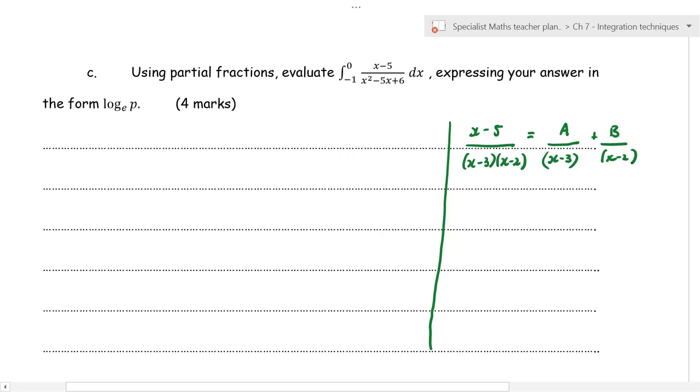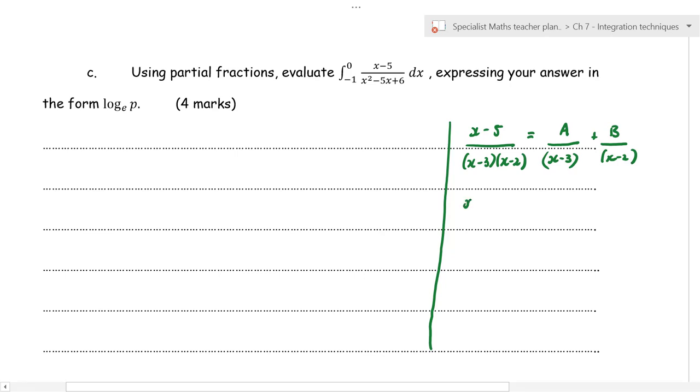Now you could literally go straight from there to the answer. I've marked exams in 2012, and I can tell you now that you would not lose a mark if you find A and B correctly without showing any algebra. The whole point, though, is that you want to get it correct.